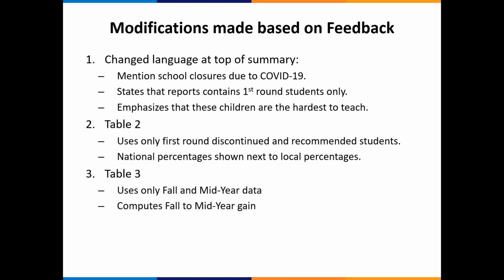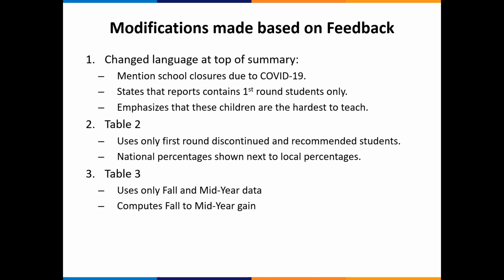Then, in table three, we went back and redesigned the table, and we made sure that for this year it only used fall and mid-year data. We took out the year-end data columns, and for the gains, we just had the table compute a fall to mid-year gain.